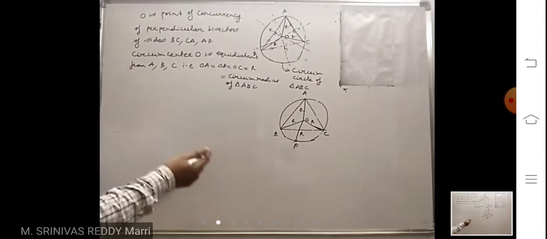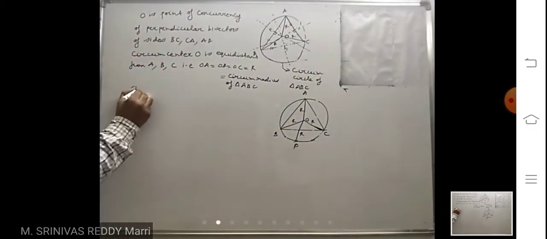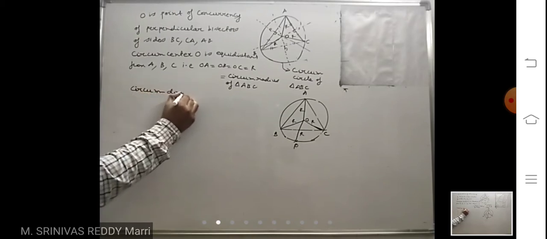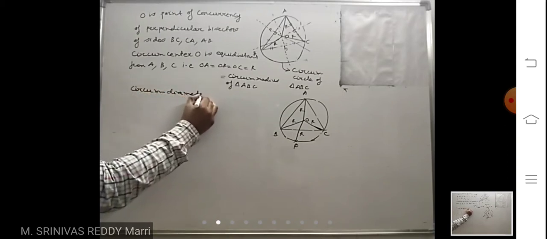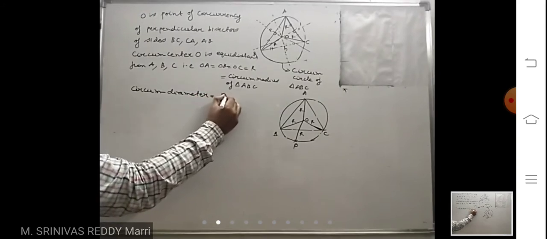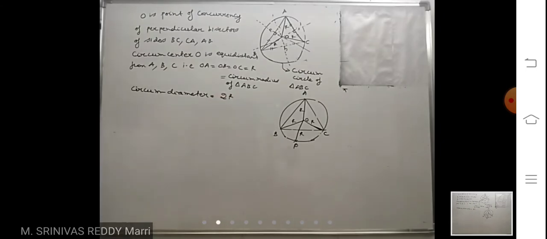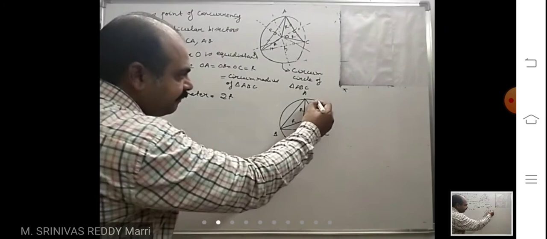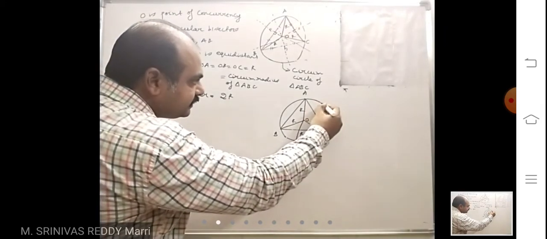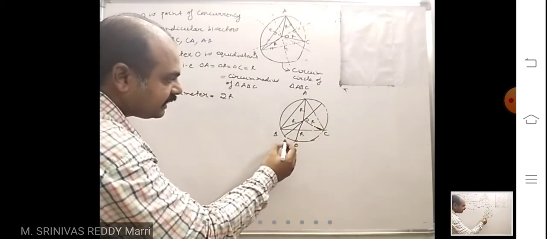So suppose R is the radius of the circle. Circumdiameter equals 2 into radius. What is diameter? 2 into radius. Take any diameter. I am drawing one diameter: any line passing through the center. This is one circumdiameter.